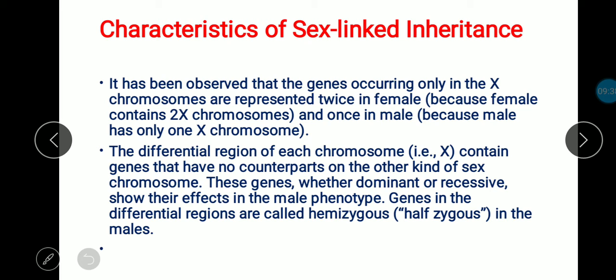The differential region of each chromosome contains genes that have no counterpart on the other kind of sex chromosome. These genes, whether dominant or recessive, show their effect in the male phenotype. Genes in the differential region are called hemizygous, or half zygous, in the male.